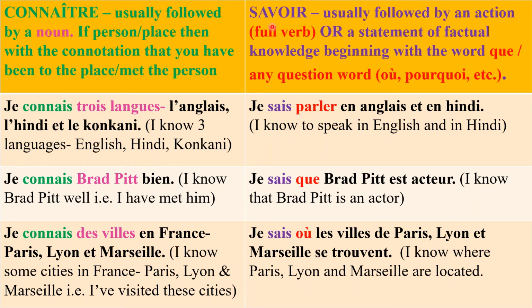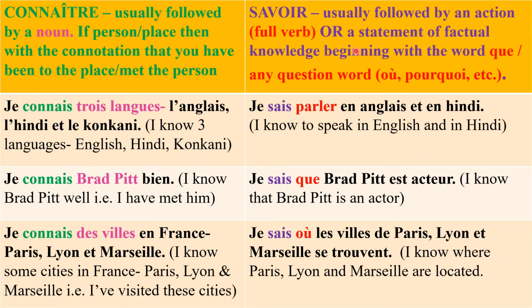Now, how do you use savoir? Savoir is usually followed by an action, whereas connaître is usually followed by a noun. Here savoir, in purple, is usually followed by an action denoted by the full verb. Or it is also followed by a statement of factual knowledge.